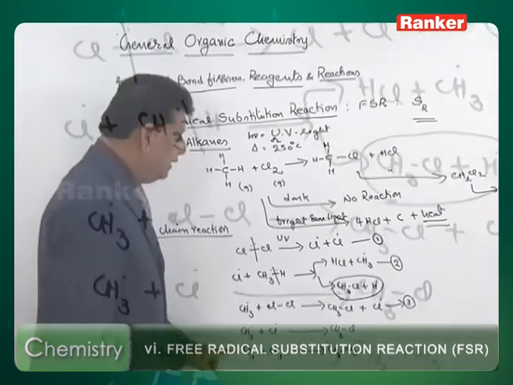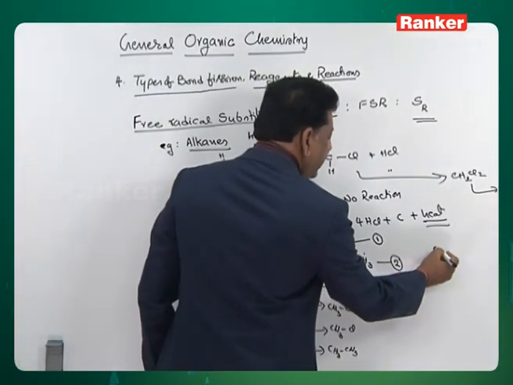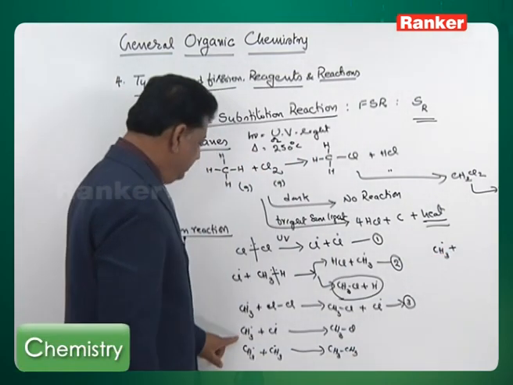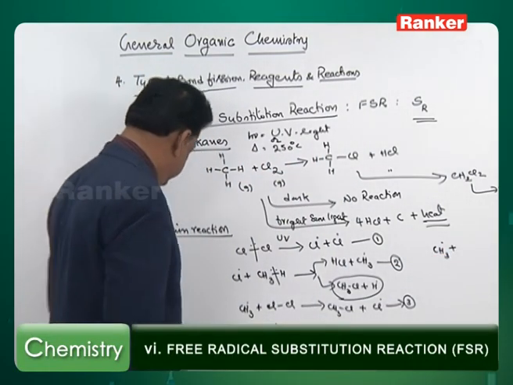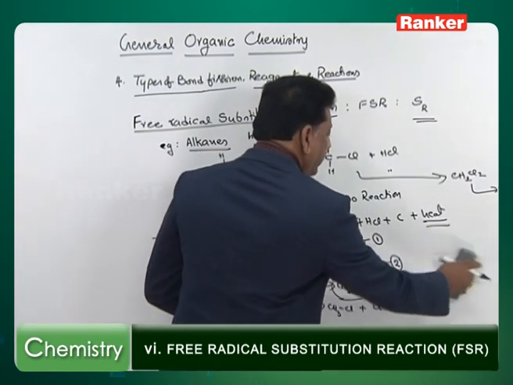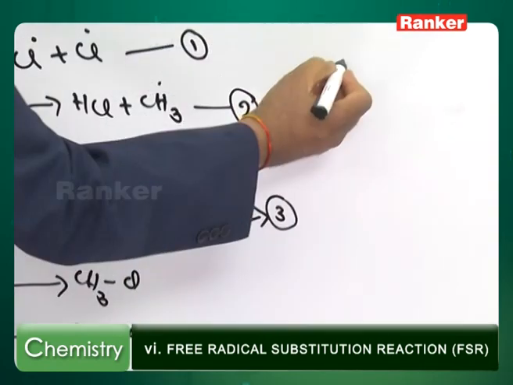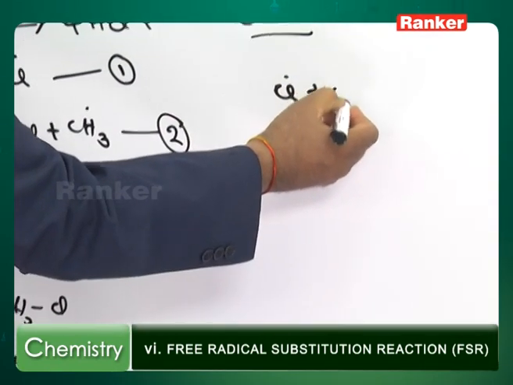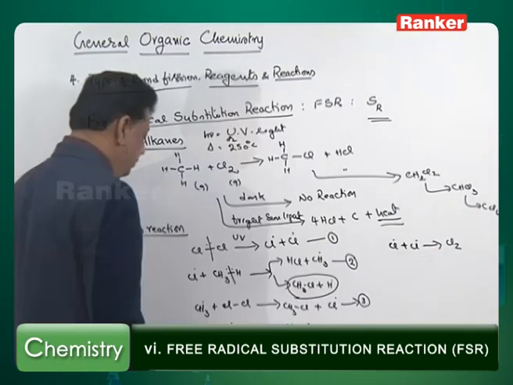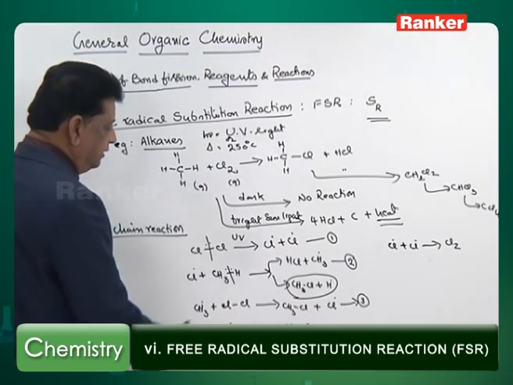Similarly, the CH3 dot may have a chance of reacting with the Cl dot, or with another CH3, or two Cls may also react to give the Cl2 molecule. So these are all just possibilities of the reaction.